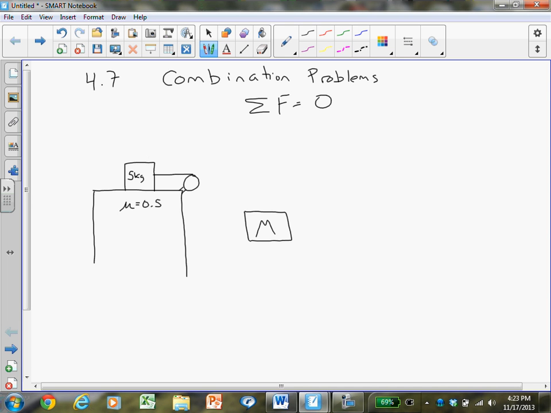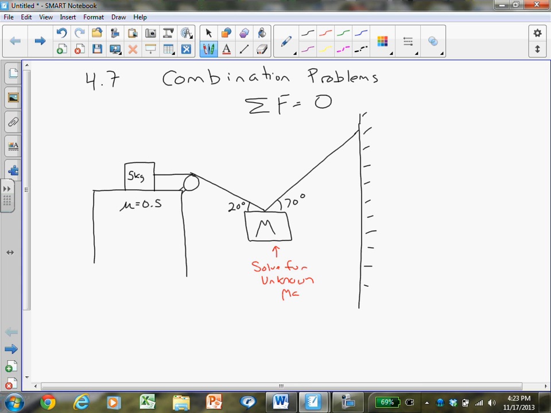And so that hangs down to that one, and then that's connected to a wall over here, like that. We'll just use these ticks for a wall. Those are connected at an angle of 20 degrees here and 70 degrees there. And we're interested to be able to solve for this unknown mass. Okay?